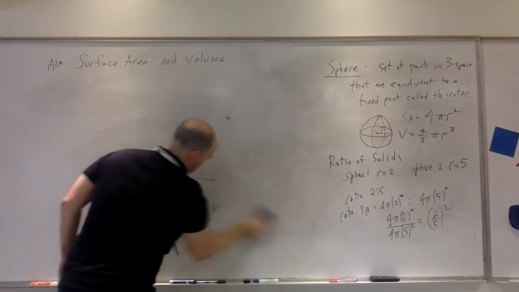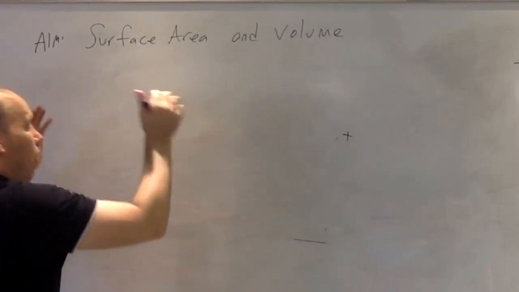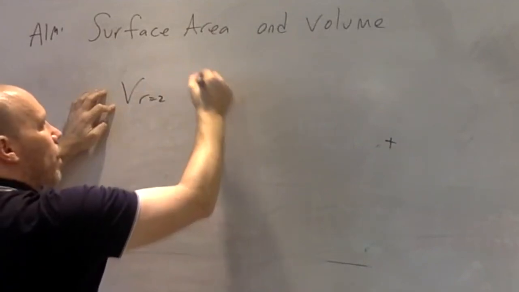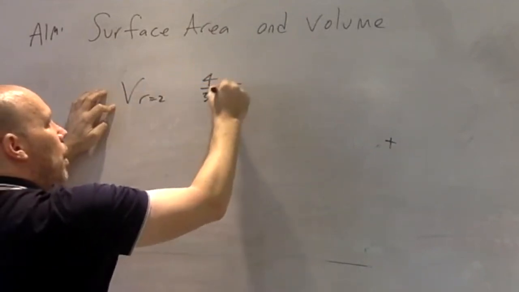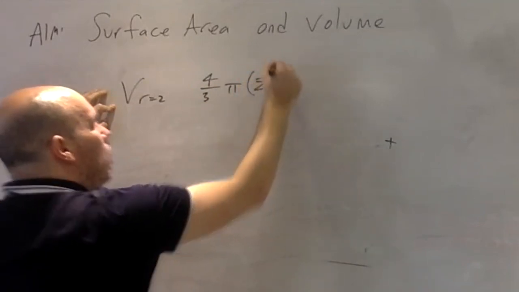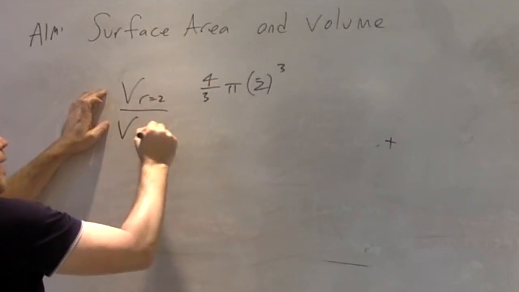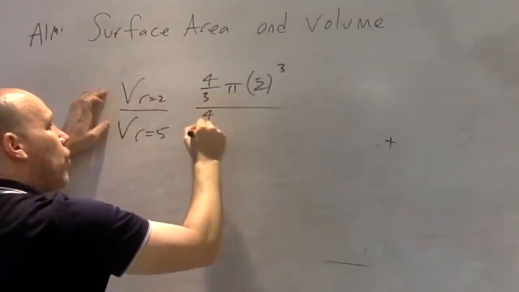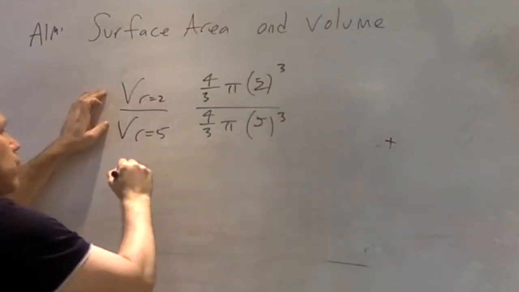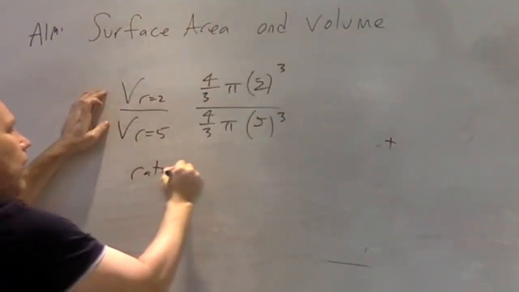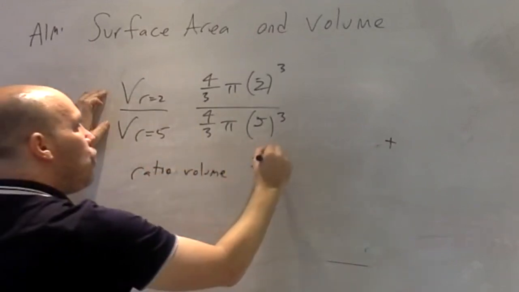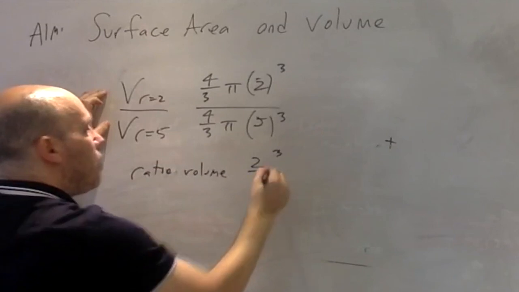You look at that and you say, okay, the volume of sphere 2 is 4/3 pi 2 to the third versus the volume of the sphere with radius 5, 4/3 pi 5 to the third, and we see the ratio of volume is 2 cubed over 5 cubed.